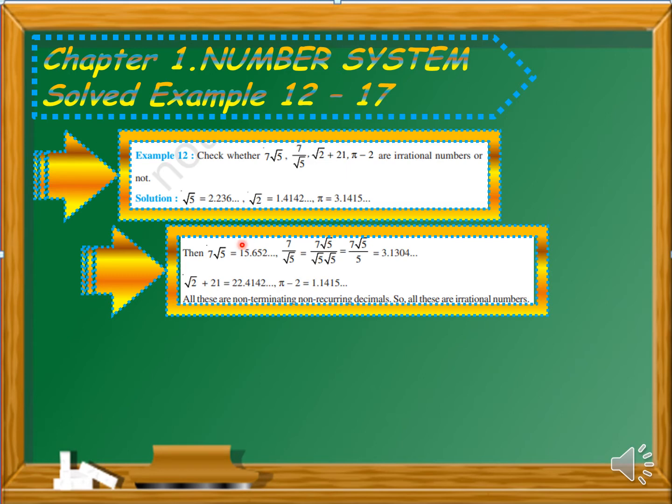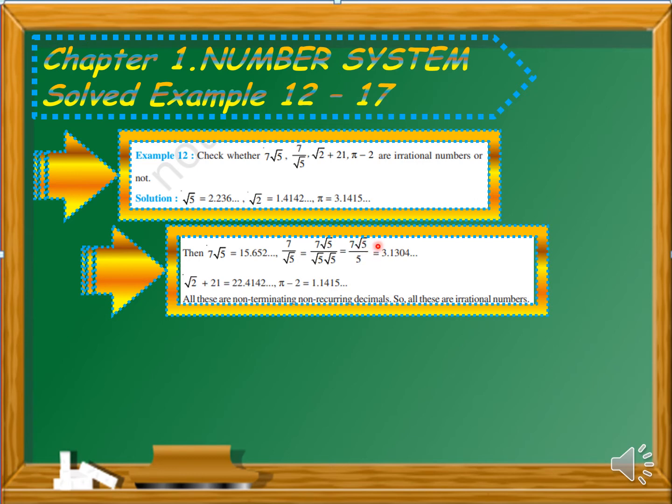In LCM, we want to change the denominator so that we will multiply the numerator also. When the denominator changes, of course the numerator will change. So here root 5 is multiplied both on the numerator as well as the denominator, so that root 5 can be made as a rational number. The answer is 7 root 5 by 5.